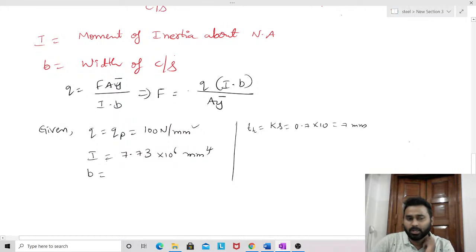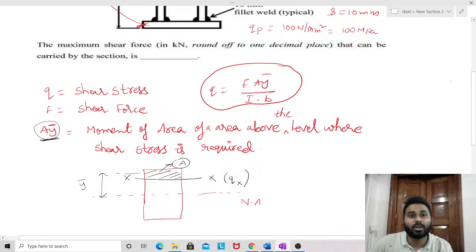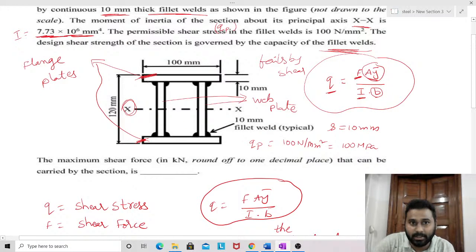Now the width at which the failure is taking place is 4 into TT, which is 4 into 7, that is 28 mm. Now A y bar. Here we need to find the shear stress at the location of the weld. So here where the weld is present, right?